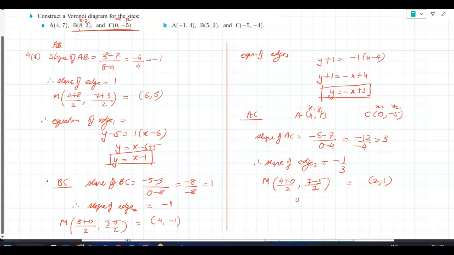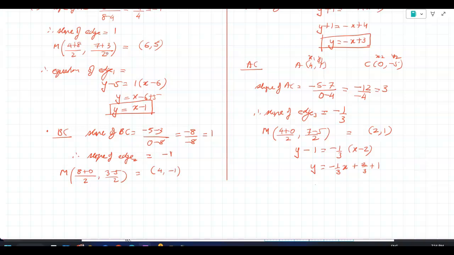So what's the equation? y minus 1 equals minus 1/3 times (x minus 2). So y is equal to minus 1/3 x plus 2/3 plus 1. So y is equal to minus 1/3 x plus 5 upon 3.